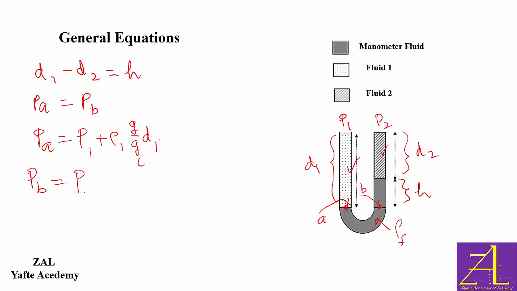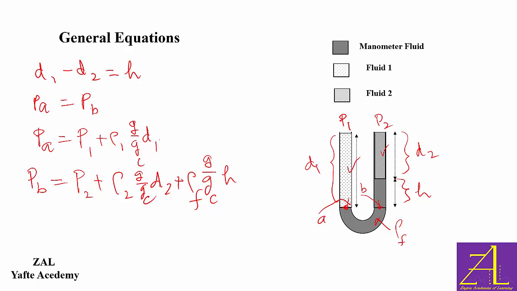Therefore, PB would be equal to P2 plus the hydrostatic pressure rho 2 G over GC D2 plus the hydrostatic pressure due to column H.